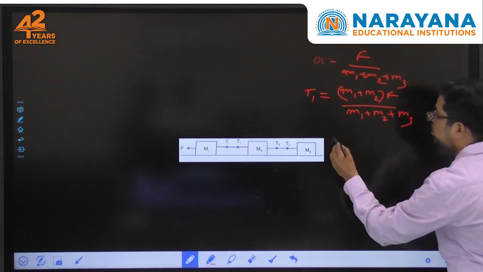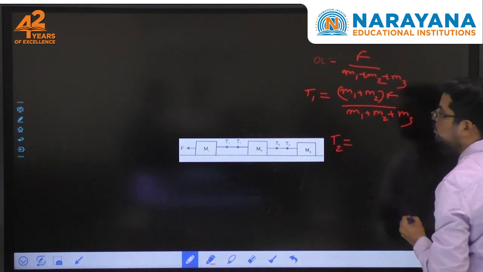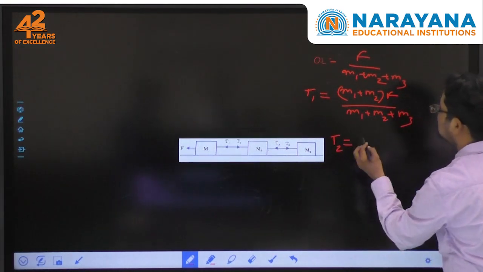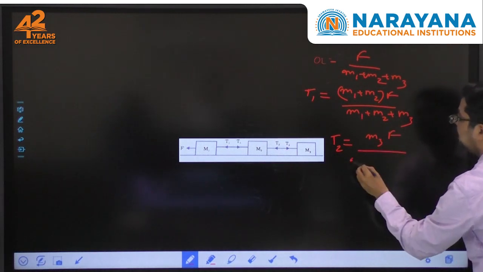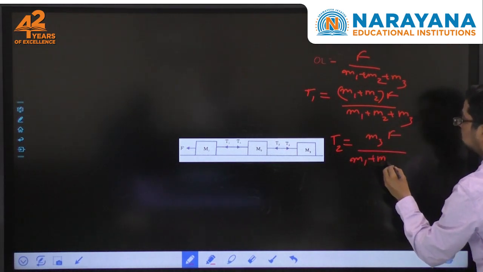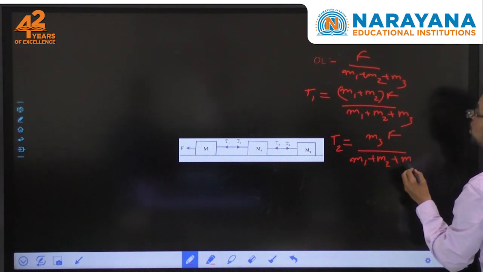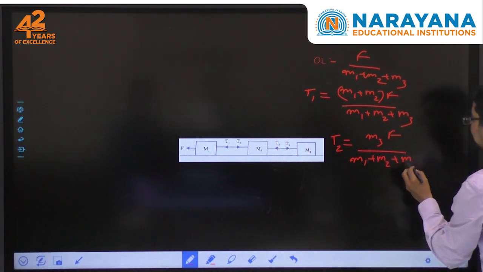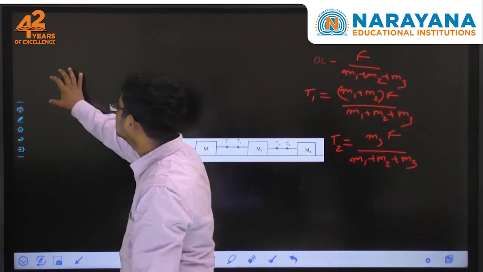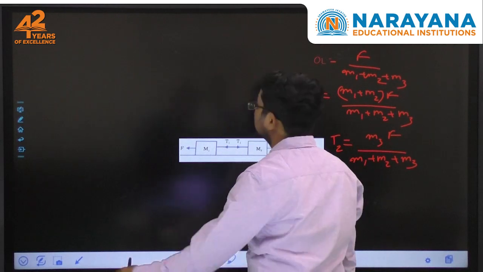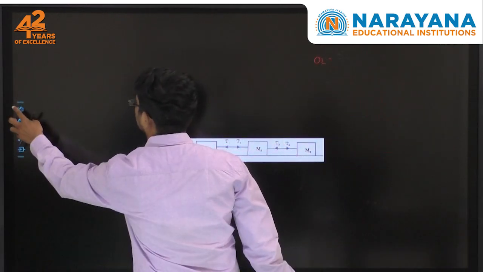Similarly, tension T2 is equal to m3F by (m1 plus m2 plus m3). These are the values of tensions T1, T2 and the acceleration, right?